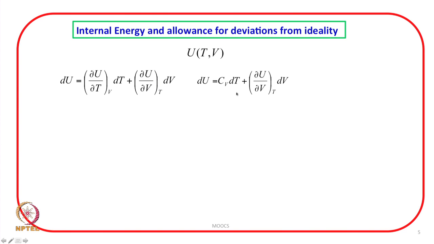That du is equal to Cv dT plus (∂U/∂V) at constant T into dV, and if you identify this as π_T, this is the equation that we just derived.